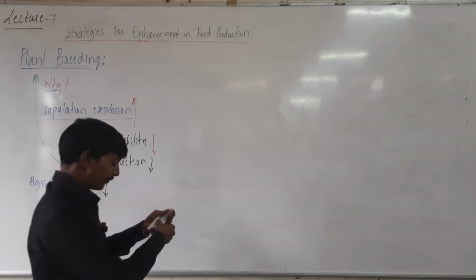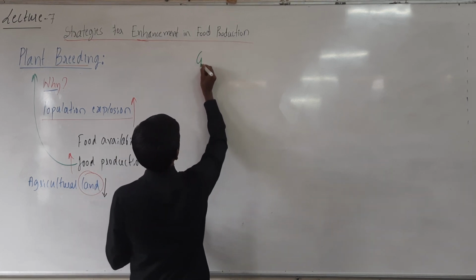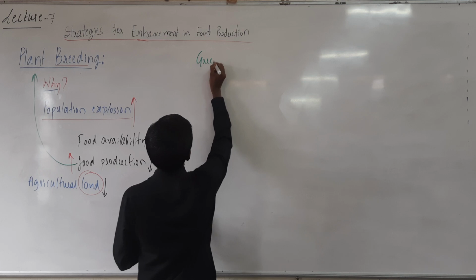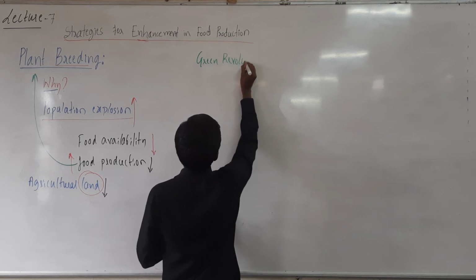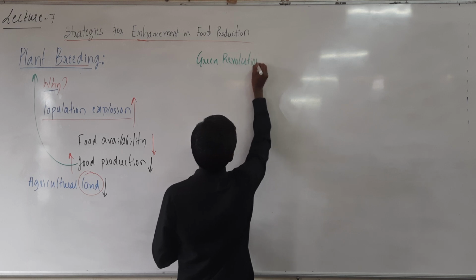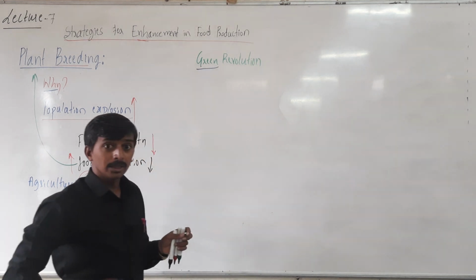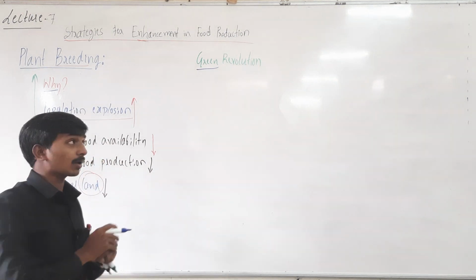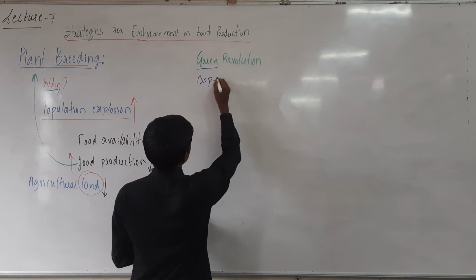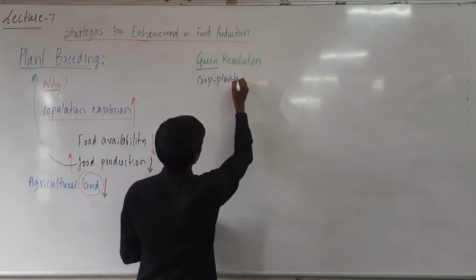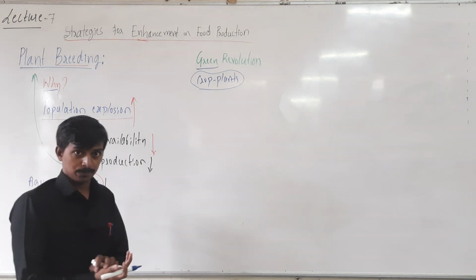And all of you are aware of a great revolution that is called the Green Revolution. Green refers to the plants, mainly the crop plants, increasing the production of various crops.